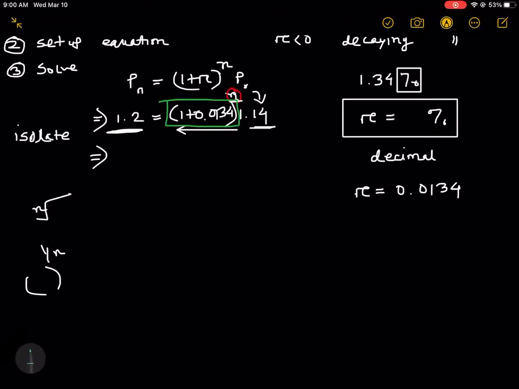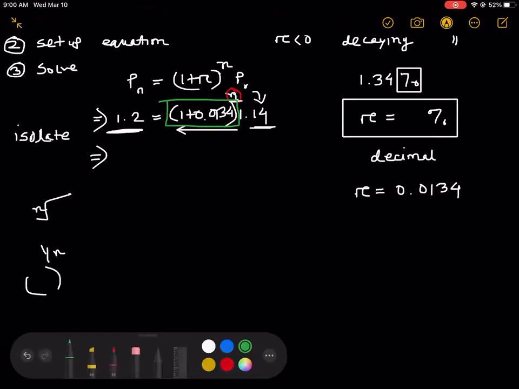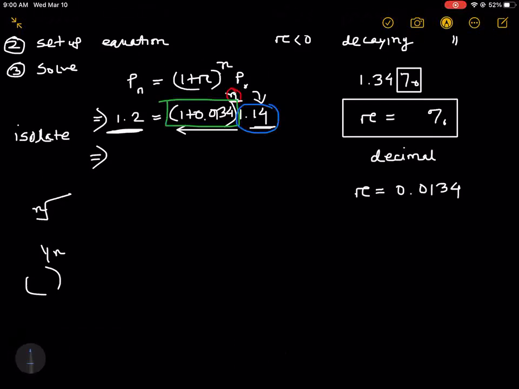Okay, so in other words, if I rephrase it, we want to get rid of this additional term. So we can divide both sides by 1.14. So 1.2 divided by 1.14 will give us 1.0134 to the n.